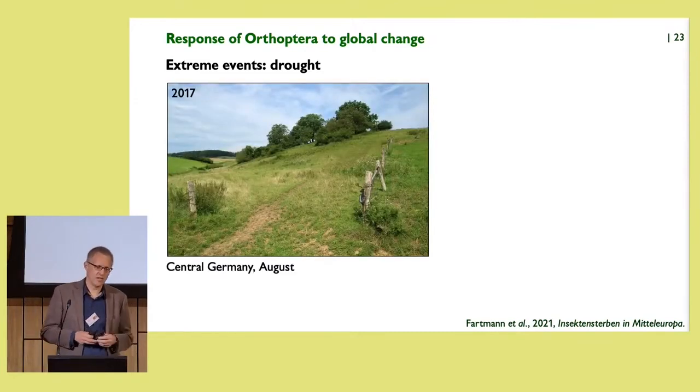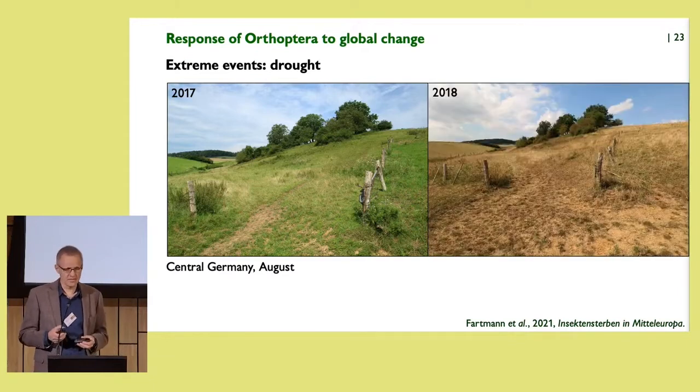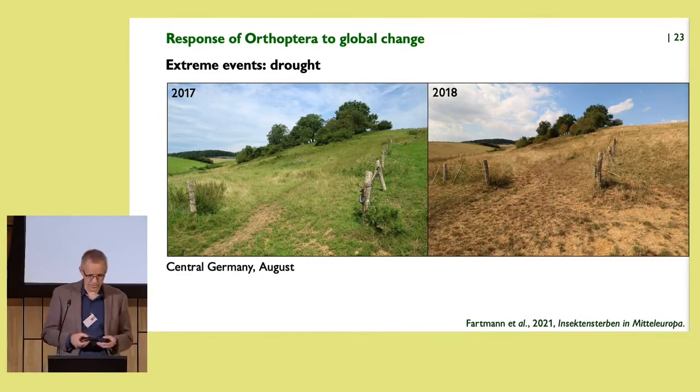This is a mesic grassland in 2017 in August, and the same mesic grassland in 2018. And extreme events will increasingly occur in our landscapes, and they will be responsible for species losses in many patches.